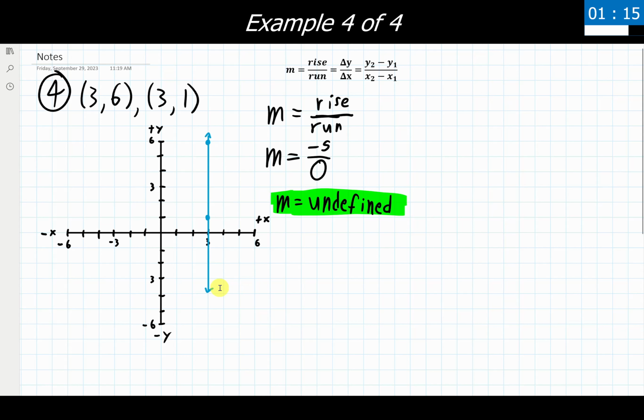And again, we're going to go through this algebraically, but anytime you have a vertical line showing up, it is always and forever going to have an undefined slope, whether we do that graphically or solve this thing algebraically, which I'm going to do here shortly. If you still get a number divided by 0, it is undefined. So we'll go through and write out solving this thing algebraically right over here, and then we'll wrap things up from there.